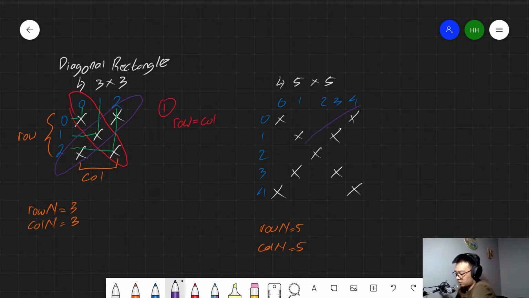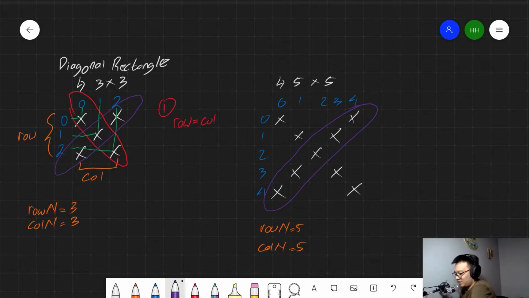These diagonals. How to create these diagonals? Do you know how? Maybe it will take some time for you, but you need to analyze what pattern may occur through these iterations.